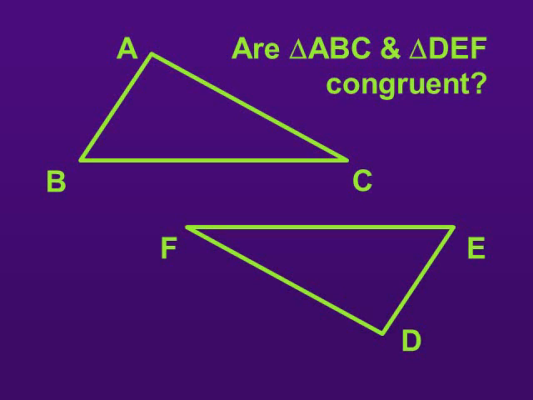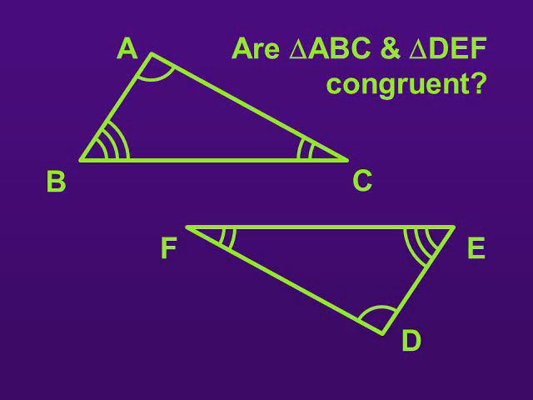Are triangle ABC and triangle DEF congruent? Well, it depends. They have the same number of sides, so we've already satisfied the first property. The second asks, are the corresponding sides congruent and are the corresponding angles congruent? We're saying that angle A and angle D are congruent, angle C and angle F are congruent, angle B and angle E are congruent. When we write the notation, do you see ABC corresponds with DEF?